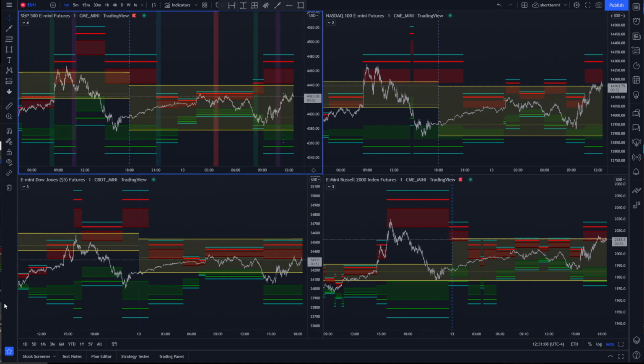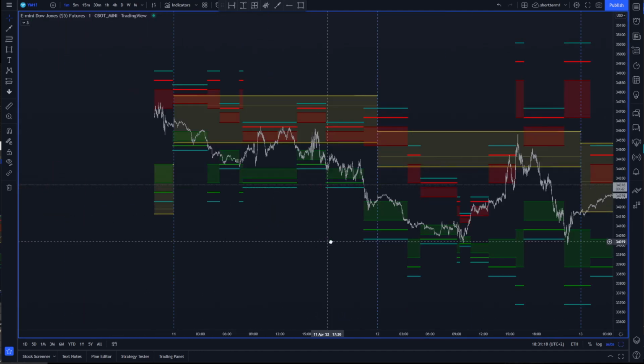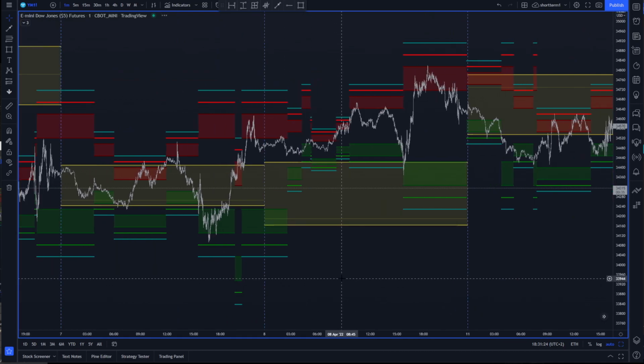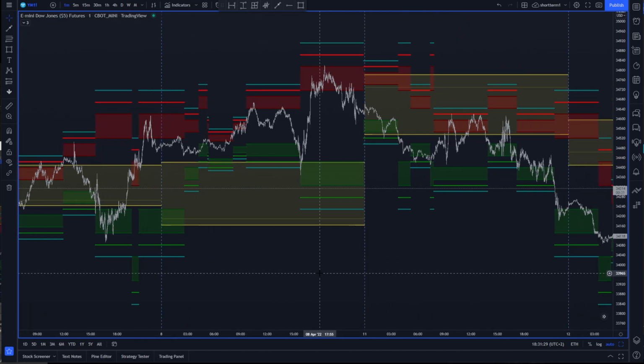And of course there is this discretionary part. Let's find some example. Yeah, this one's good.